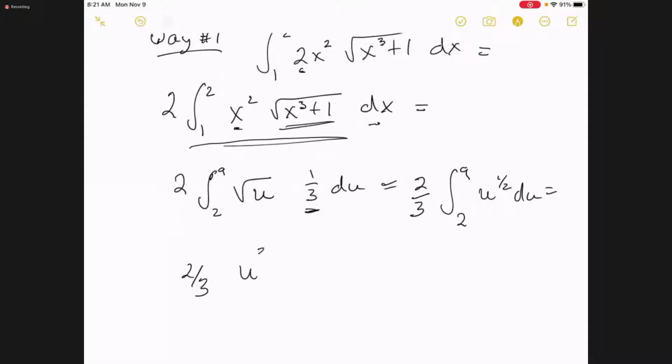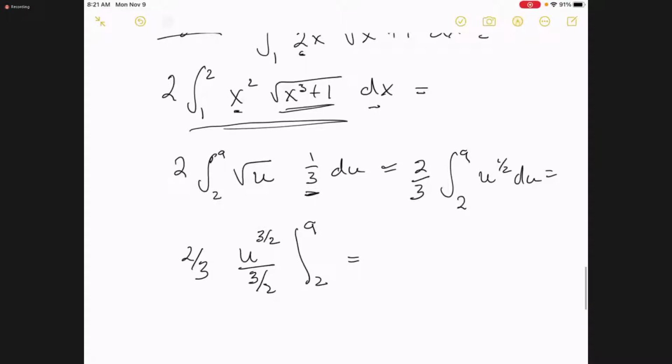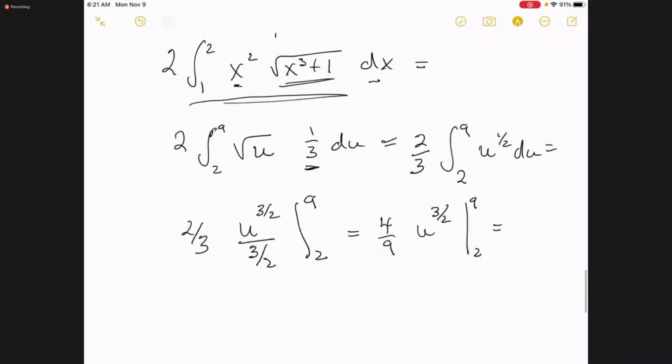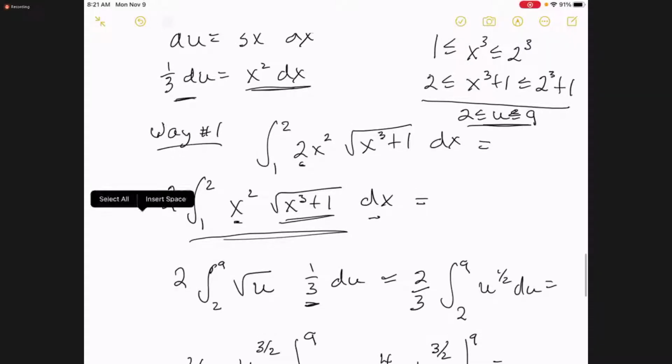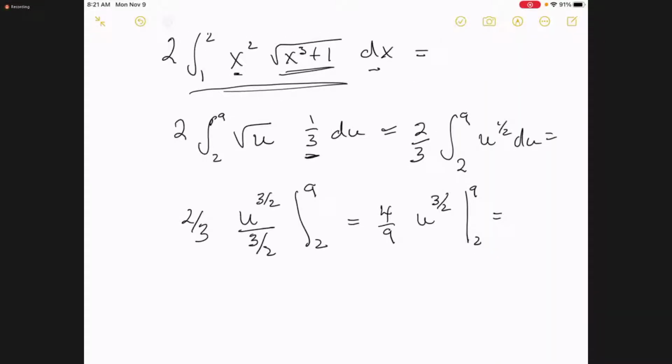The antiderivative would be u to the 3/2 over 3/2. You want to go from 2 to 9. That's going to be 2/3 times 2/3, which is 4/9, simplifying that complex fraction. And then u to the 3/2 from 2 up to 9. Since I changed my endpoints to be in terms of u, I don't need to go back to x here.